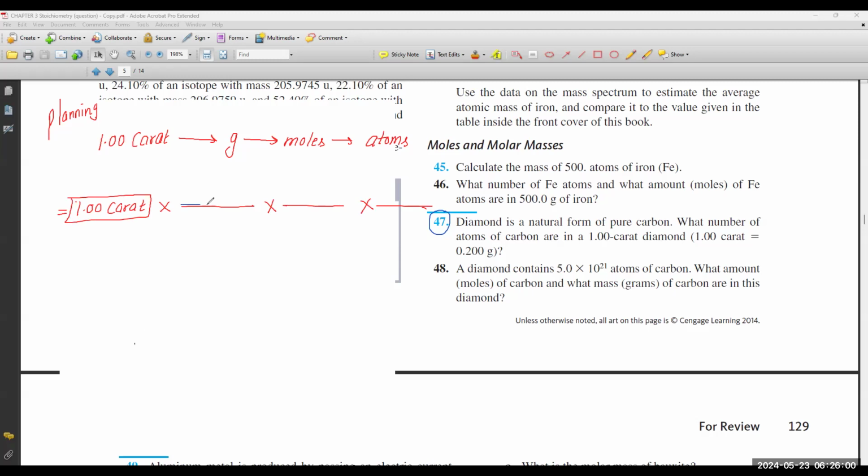What is the next ratio? Read the question. This is the next ratio, right? So you're going to take 0.200 gram in the numerator over 1.00 carat.